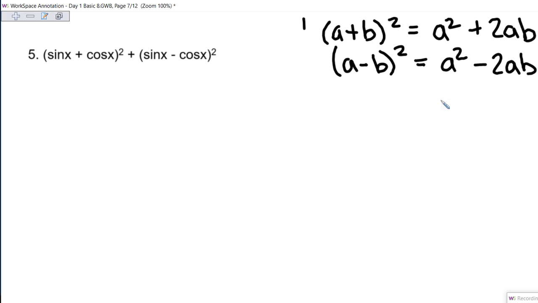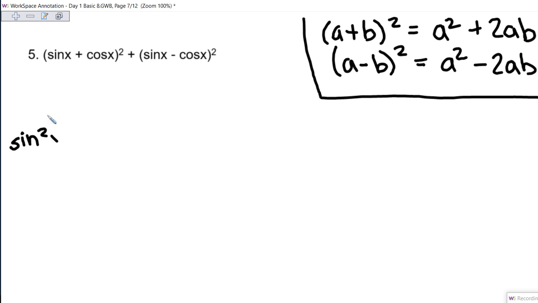Okay, now let's use those shortcuts to go ahead and square those binomials. Take your first term and square it. So sine of x, when you square it, you get sine squared of x. To get the middle term, multiply them and double it. So sine of x times cosine of x is sine of x cosine of x.